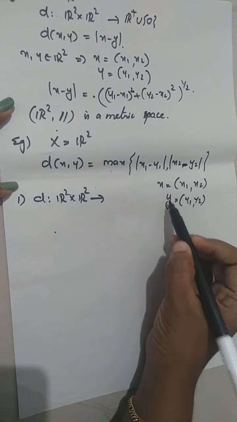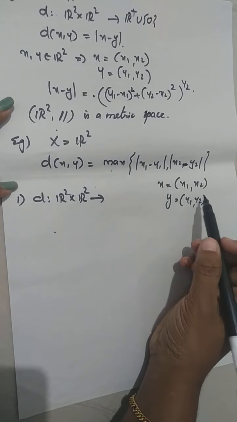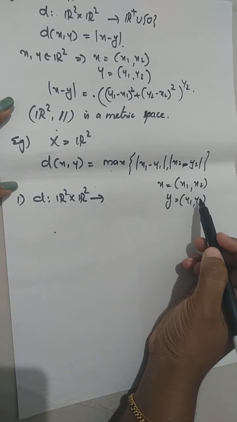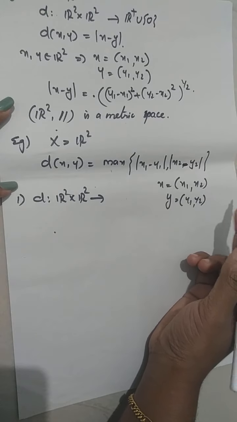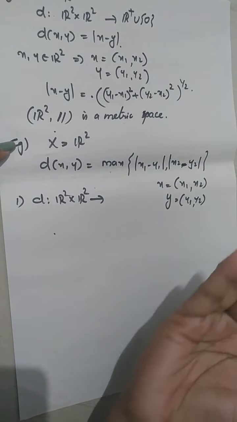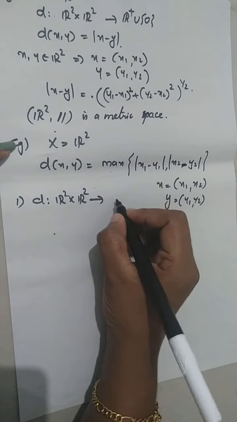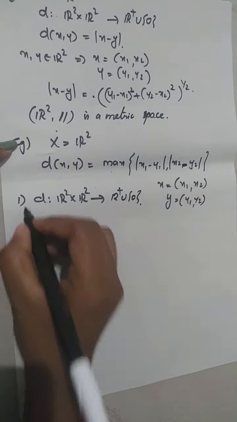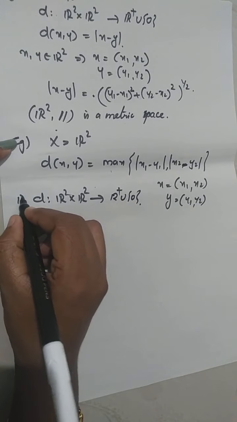When x and y are two ordered pairs of real numbers, the first coordinate difference will be a real number, the second coordinate difference will be a real number, their modulus values are always real numbers, and their maximum is always a real number, and they are always positive including the element 0. So the range should be R plus union {0}. Now we will verify the properties.